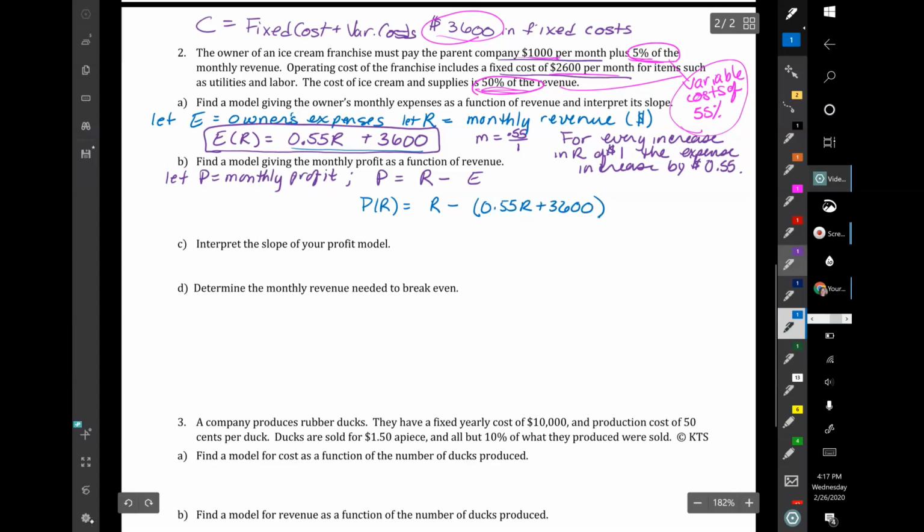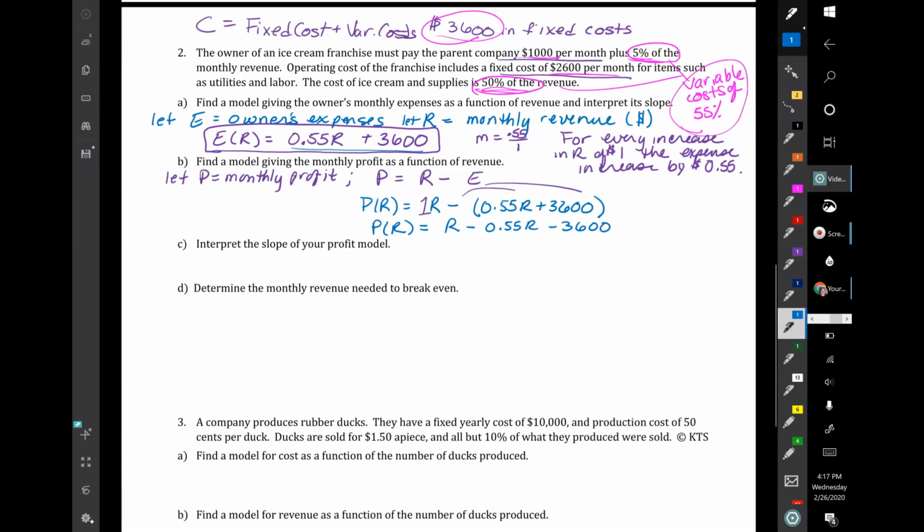Now we're going to distribute our negative. So we'll end up with, and this is like a 1, remember, if there's nothing there, it's just a 1, P of R equals 1R minus 0.55 R minus 3,600.